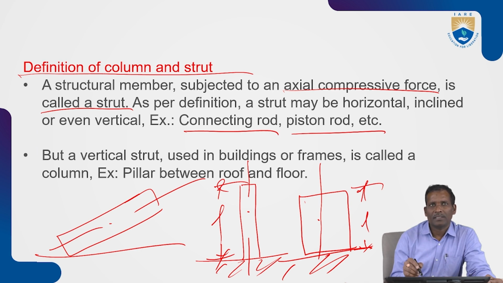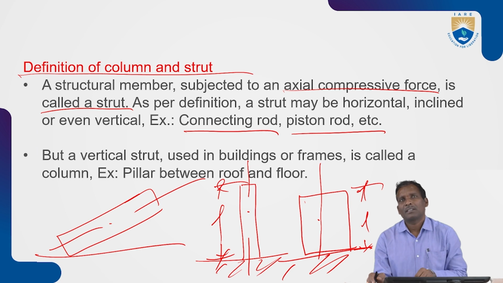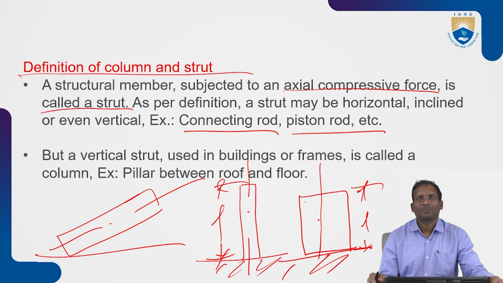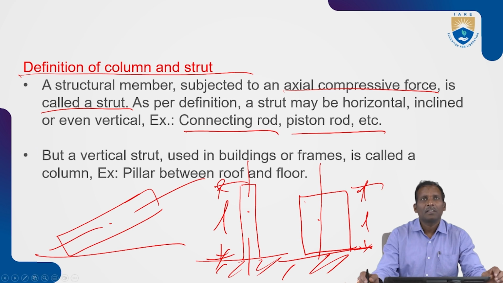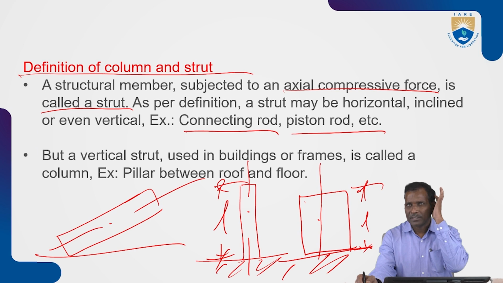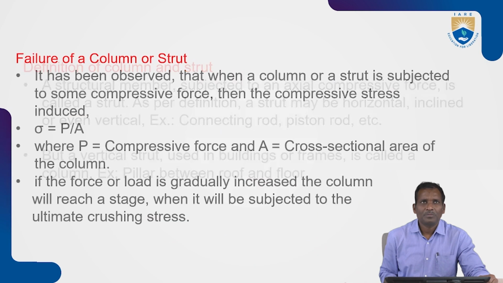It is called a strut. Whenever the length is more than that of the strut, that structure is called a column. A vertical strut used in buildings or frames is called a column. The long column, when compared to the strut, has a very high length. That's why these types of columns are used in buildings, between the roof and floor.